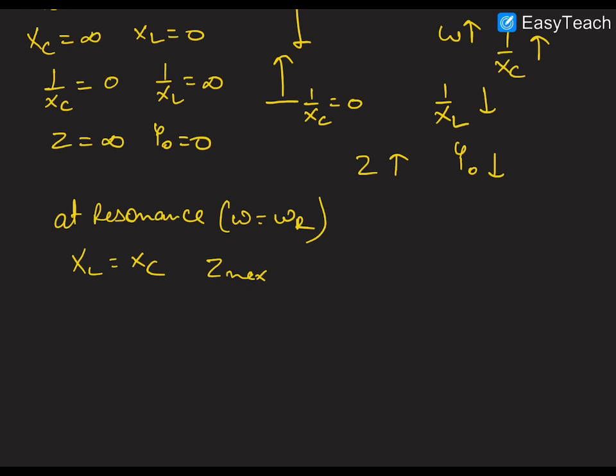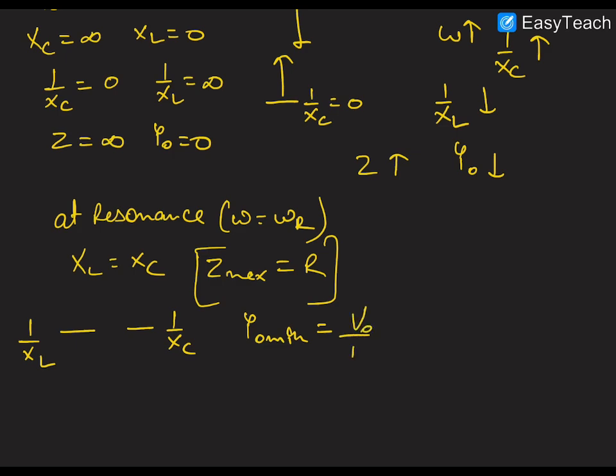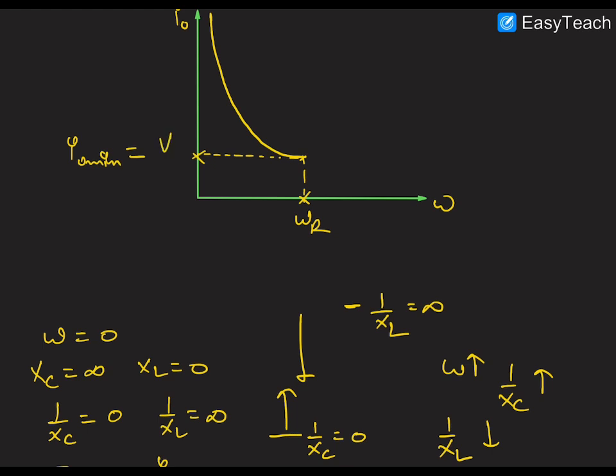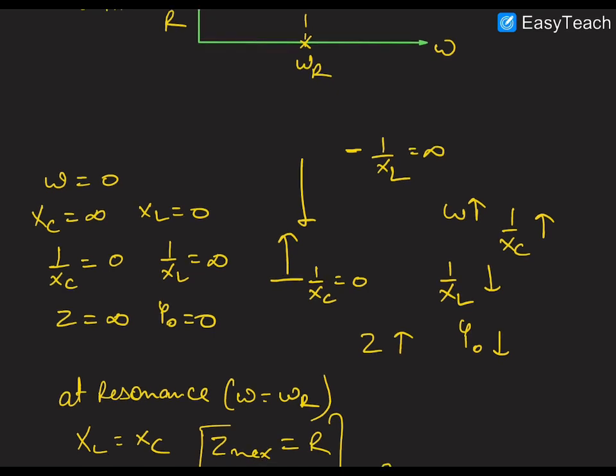Because at the point when XL and XC are equal, 1 upon XC will be equal to 1 upon XL, then Z will be maximum, and maximum Z will be equal to R, and I naught will be minimum. So we can write I naught minimum as V naught by R. Okay, and this is the resonance condition.